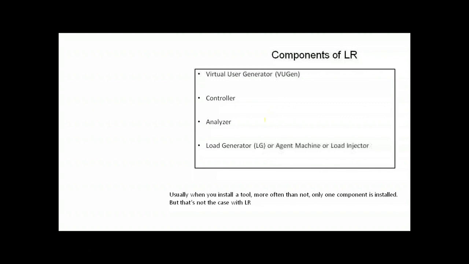Typically there are 4 components that will be installed: virtual user generator, controller, analyzer, and load generator, or the agent machine, or the load injector. Depending on the tool, we call this a load generator, agent machine, or load injector. The very commonly used term is agent machine, irrespective of which tool you are using.